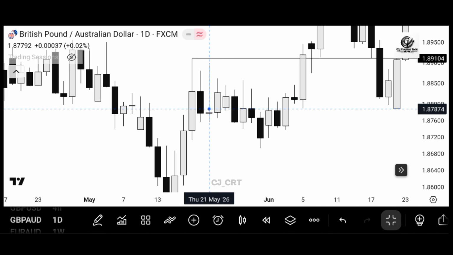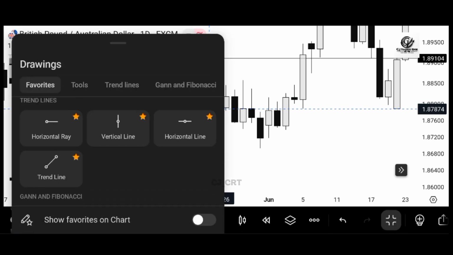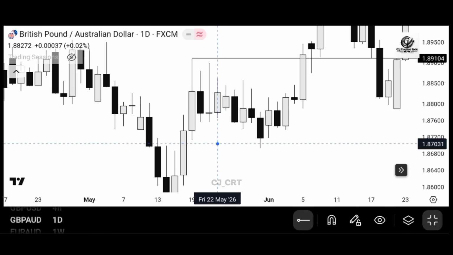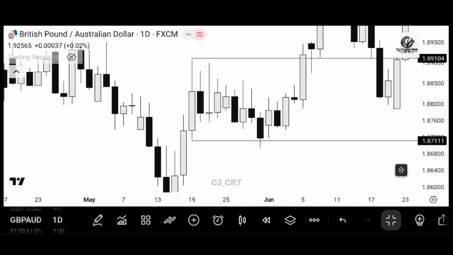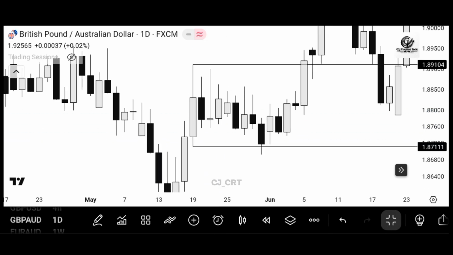So as soon as you have an inside candle, that indicates chubby. What do I mean?